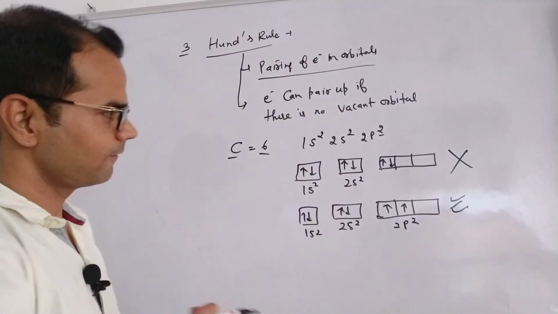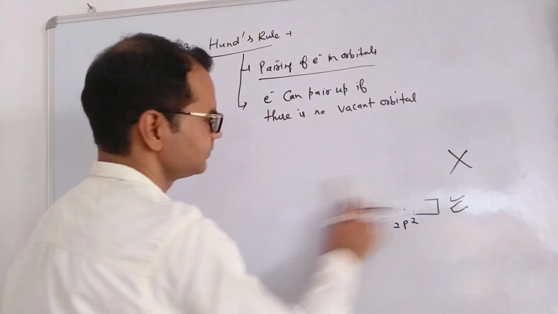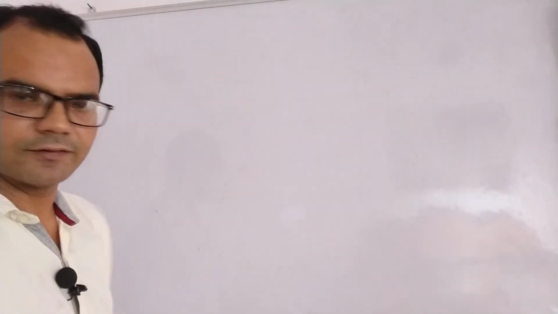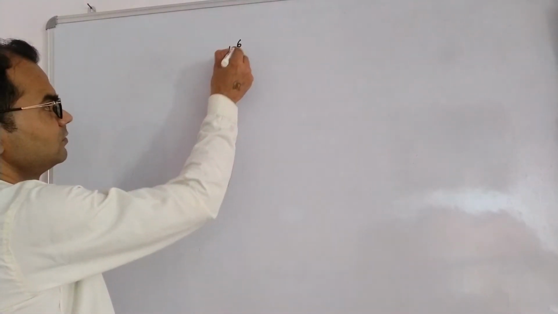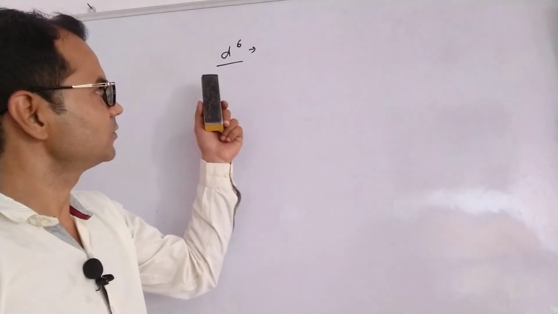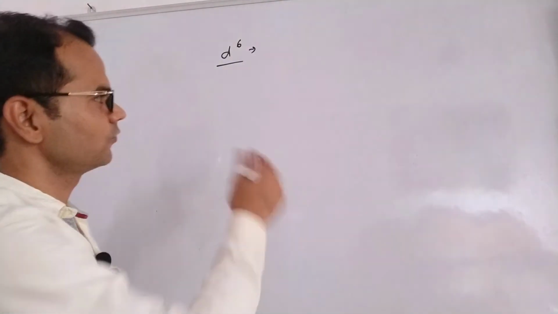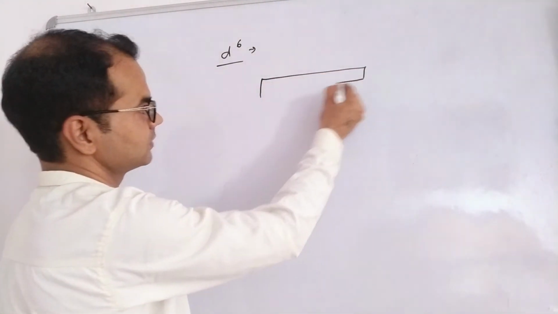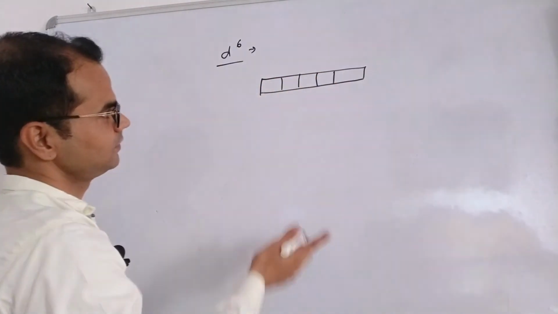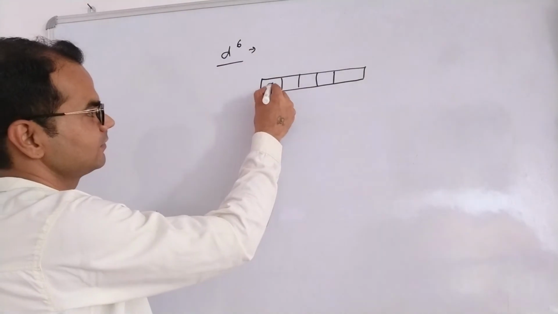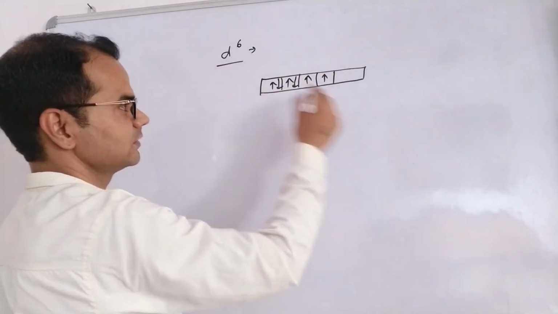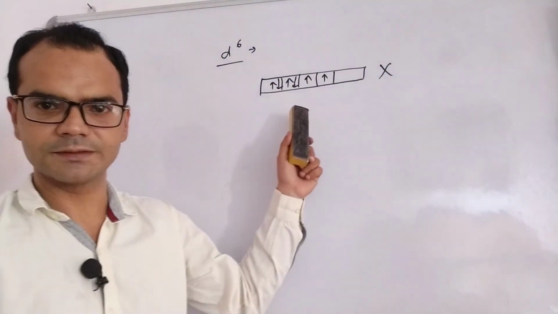Let's do one more example. For example, I have the configuration d6. I have to fill 6 electrons in d orbitals. For the d subshell we have 5 orbitals. So if I fill electrons like this, 1 2 3 4 5 6, wrong representation. Why?